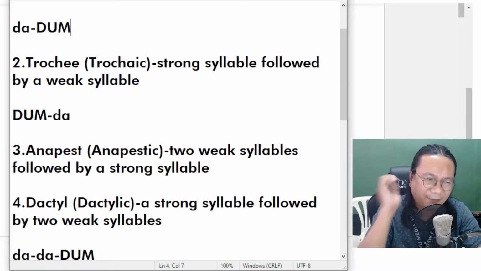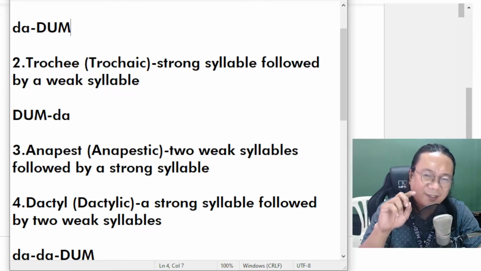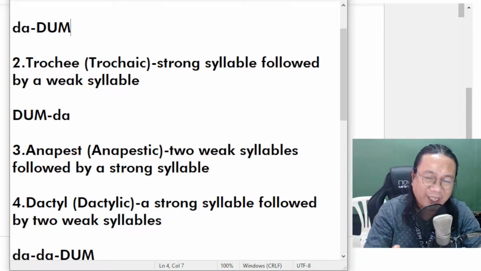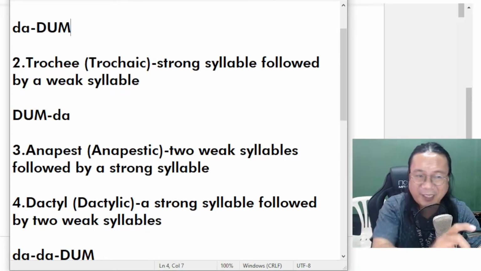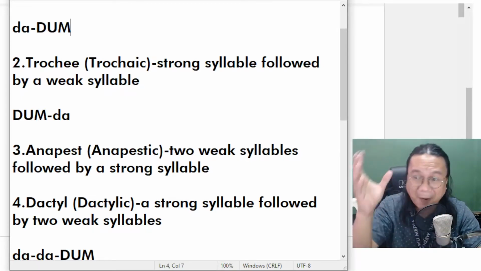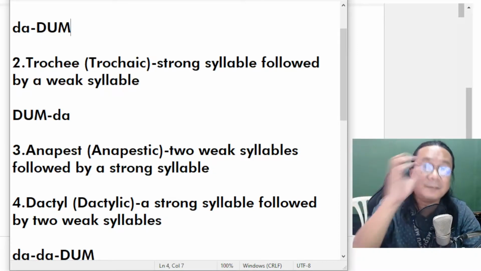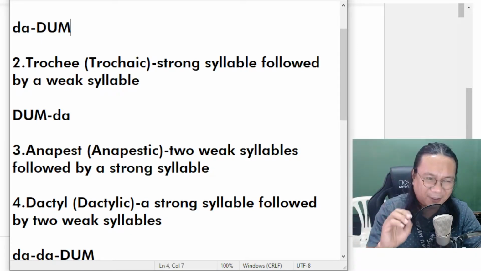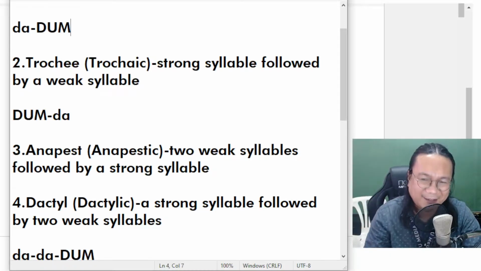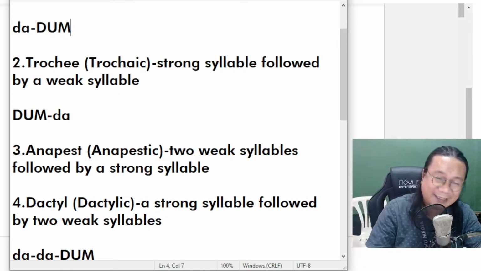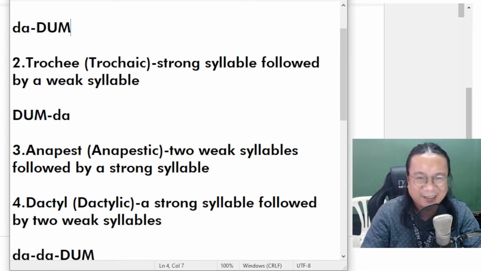It's different from iambic in which the strong syllable is on the first part, and then it is followed by the weak syllable. So instead of the dumb in iambic, this is dumda. Yes. So examples of words or lines which are trochaic.